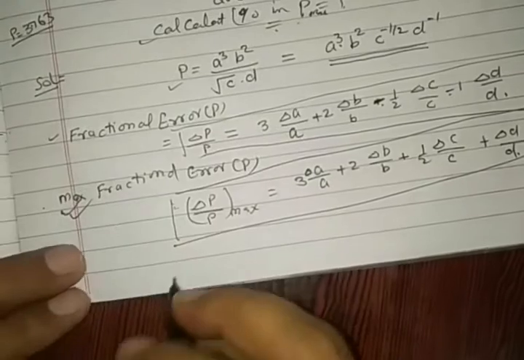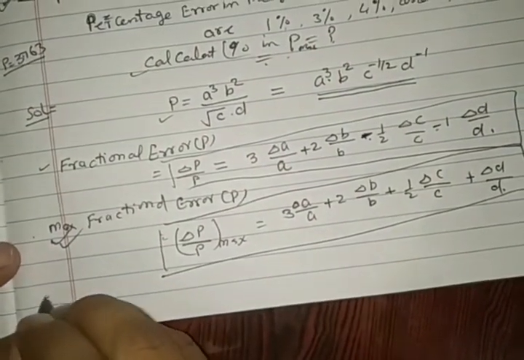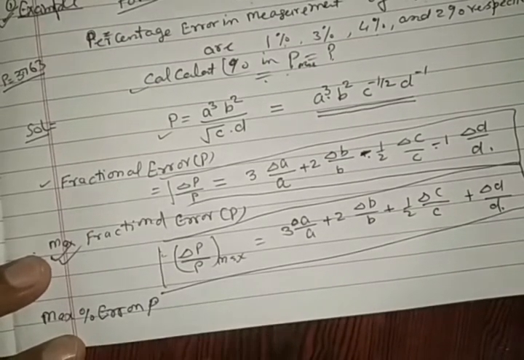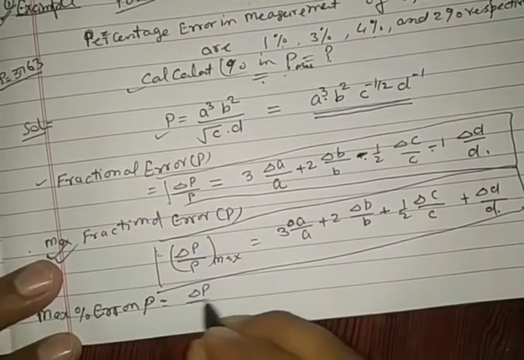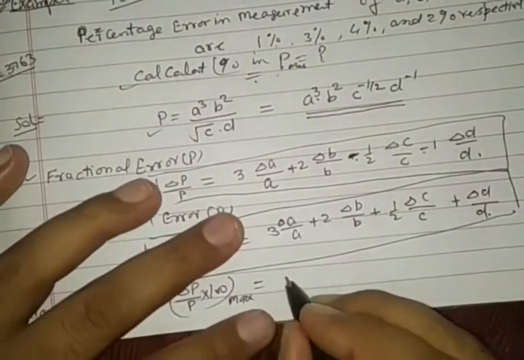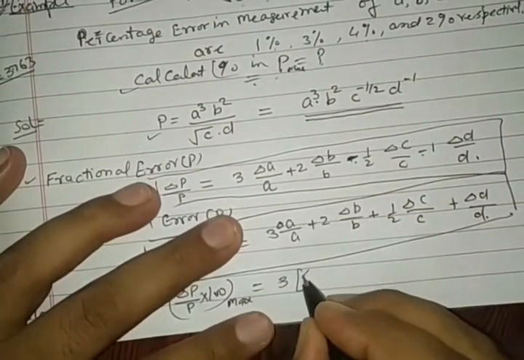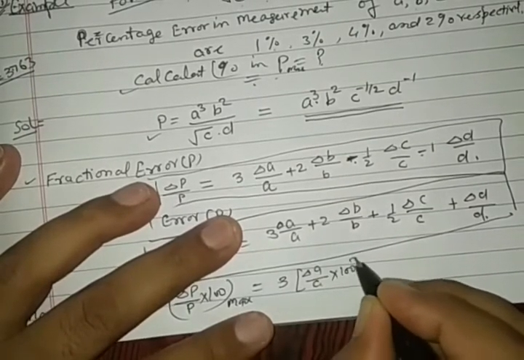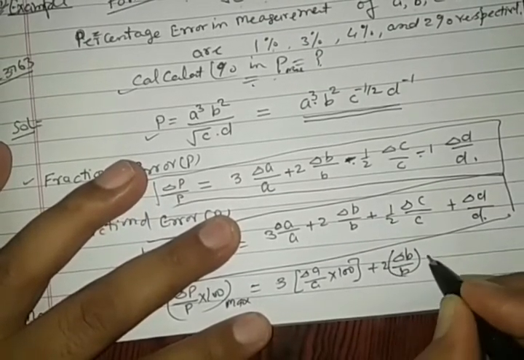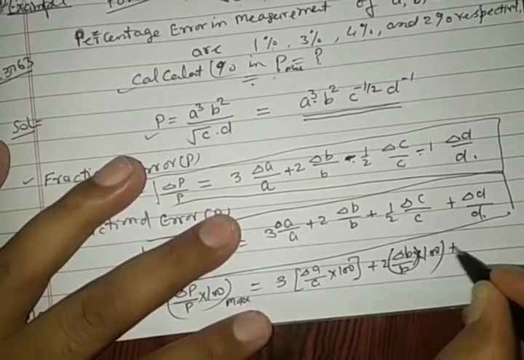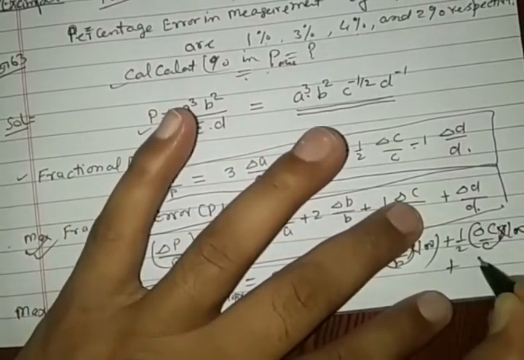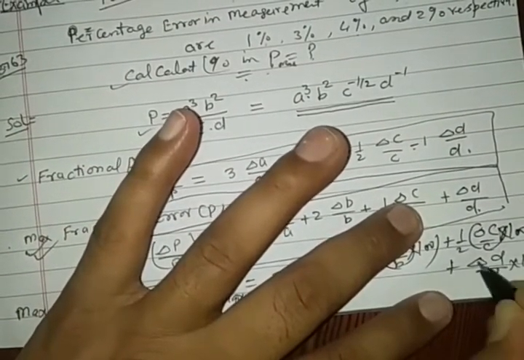Now in this question, the maximum percentage error in P is asked. This is equal to delta P by P into 100 max. So in that condition it becomes 3 delta A by A into 100 plus 2 delta B by B into 100 plus 1 by 2 delta C by C into 100 plus delta D by D into 100.